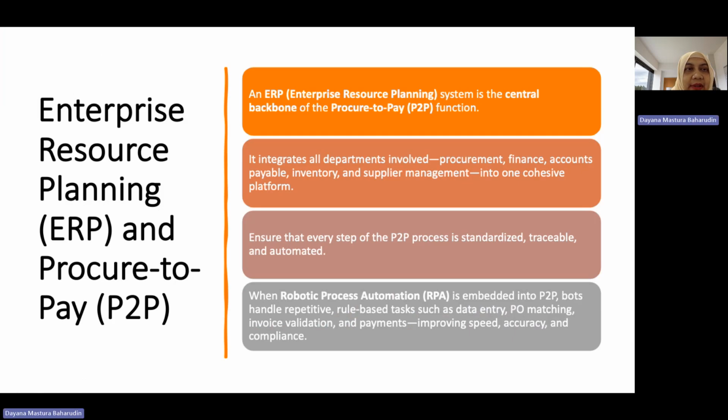Here we have enterprise resource planning, ERP, and procure to pay. You'd be wondering what is ERP. ERP actually automates the purchase to pay or procure to pay function or department. Imagine you're trying to record payments, or payables to your suppliers.